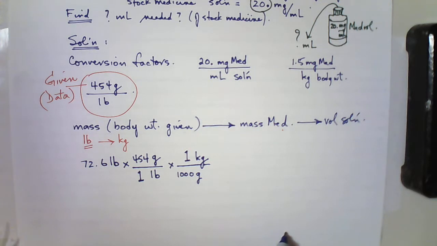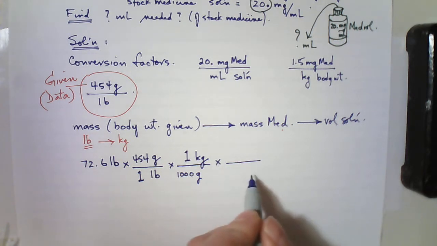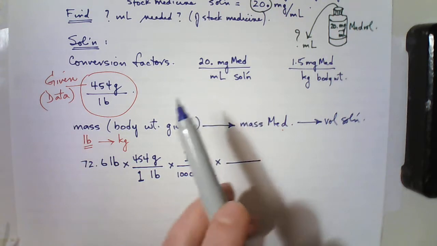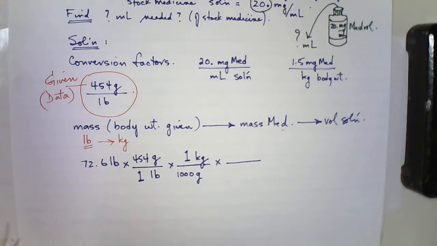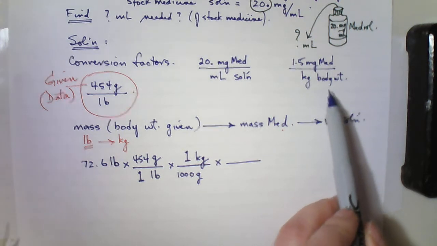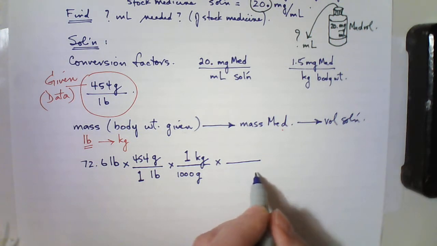Okay, so now I have my body mass in kilograms, and now it can talk to the conversion factor that I have, which is in milligrams. No, I'm not using this one yet, I'm using this one. Kilograms body weight to milligrams of medicine. So that's great.